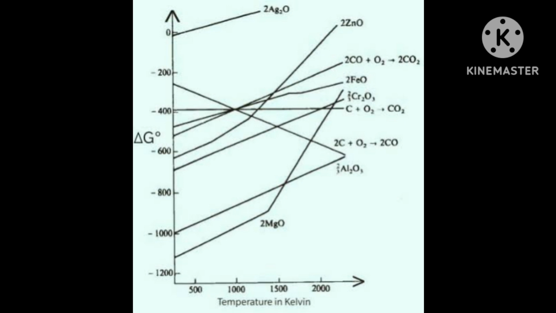Now a simple general equation: metal oxide MxO, as for example M2O, but you don't know whether x is 1 or 2. Then MxO will convert to xM, now solid metal you got, sometimes maybe liquid also, plus half O2, because only one oxygen is there.